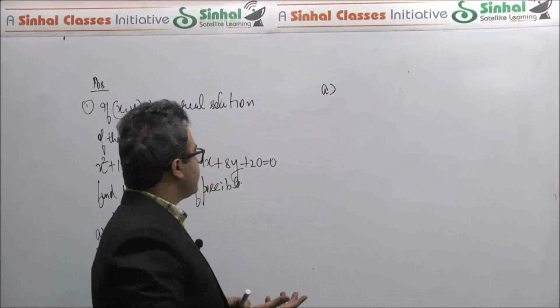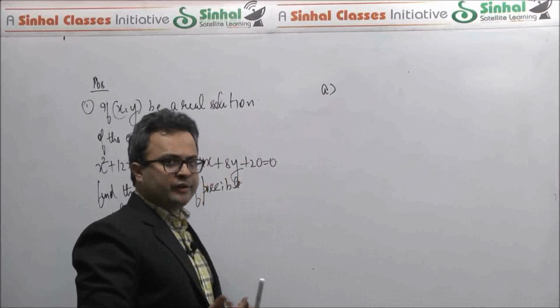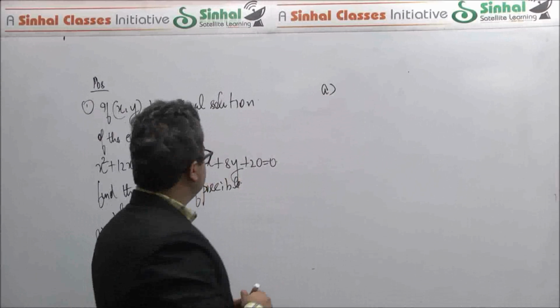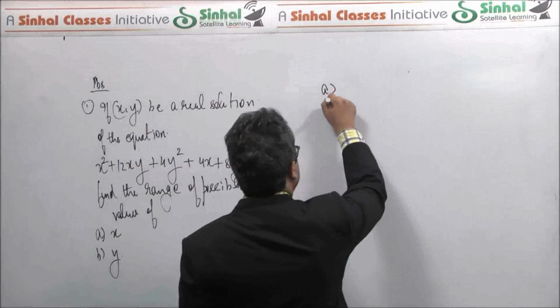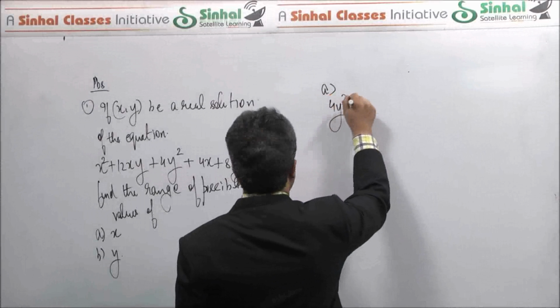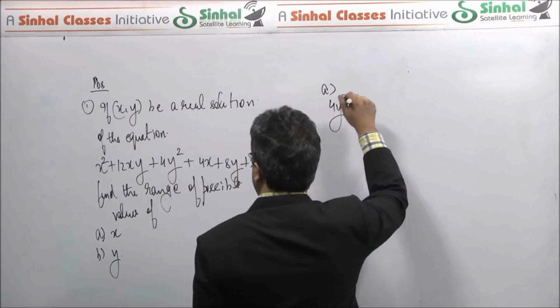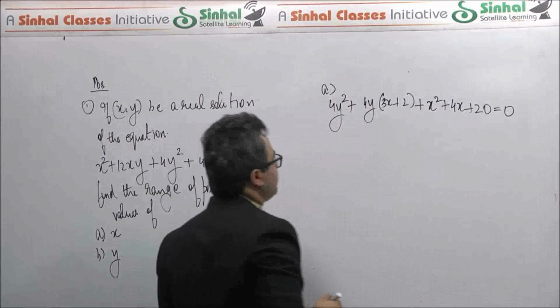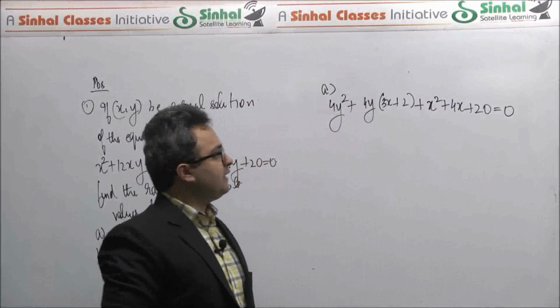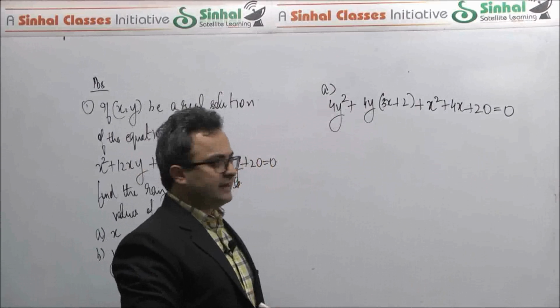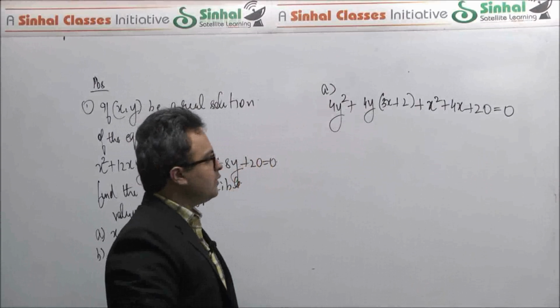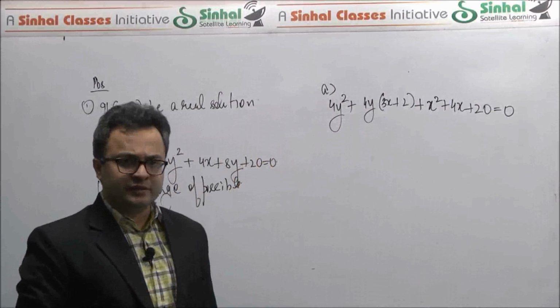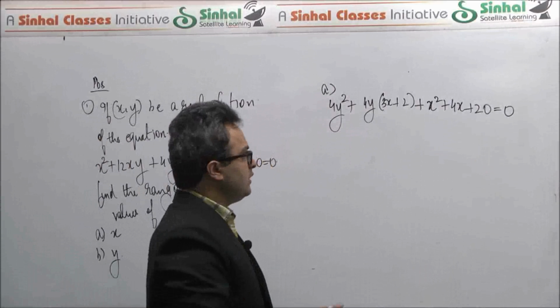As discussed, the first step would be to rewrite the equation as a quadratic in the variable y. So in order to do that, you can rewrite the equation in this way: 4y square plus... Right, so over here I've rewritten the equation as a quadratic in the variable y, and now we'll impose the condition that the discriminant for this must be greater than or equal to 0.